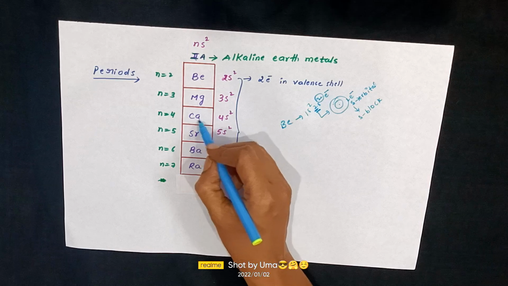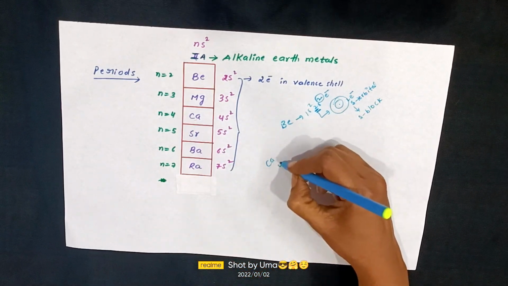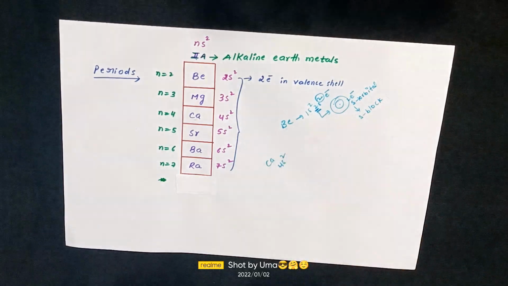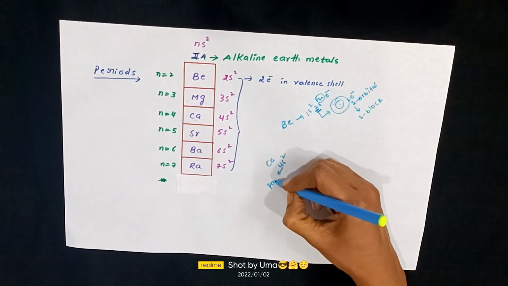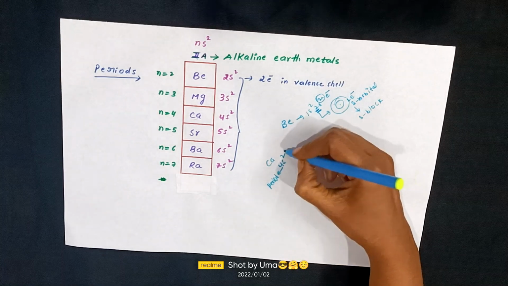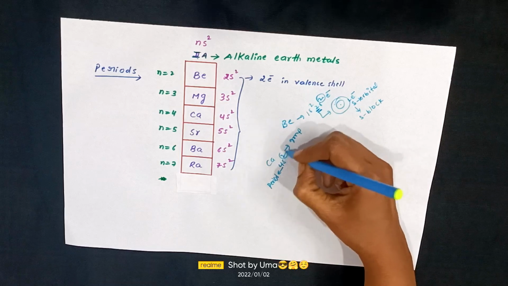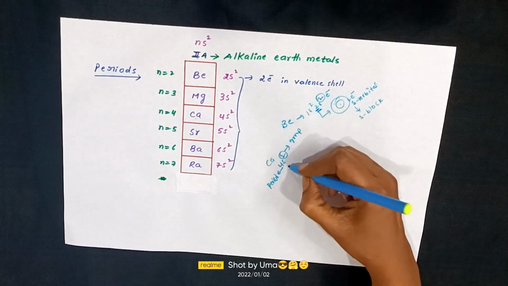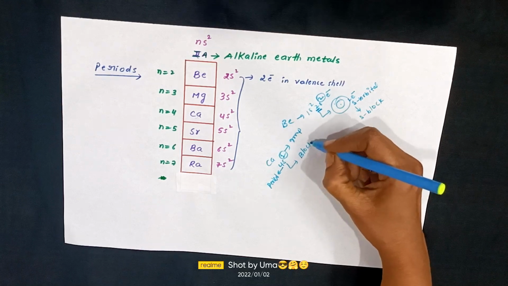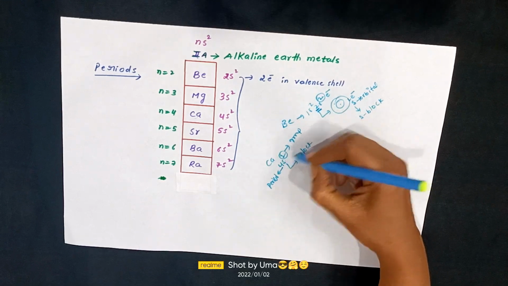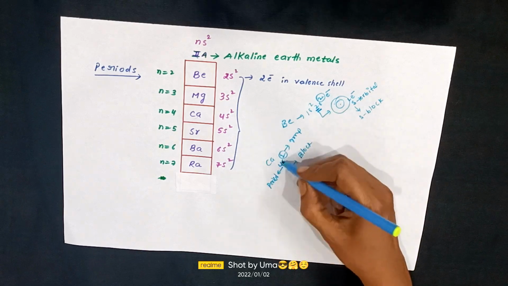Here, if you write the electronic configuration for calcium, you will get 4s2. That means the period number is 4, the group number is 2 because it contains 2 electrons in the valence shell, and the block is S block. It belongs to S block, second group and fourth period.